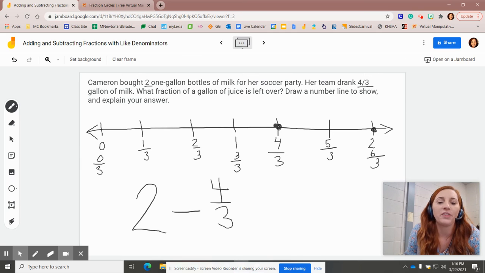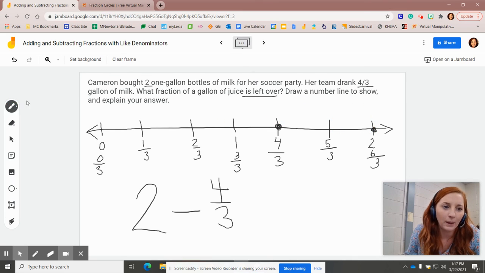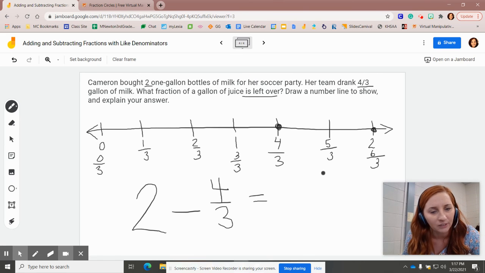And it's wanting to know what the difference is. So what fraction is left over? So we know we're supposed to subtract. So pretty much how many spaces are between 4/3 and 2 wholes? 1, 2. 2 spaces. Now that doesn't mean our answer is 2, because if she started with 2 gallons of milk and then they drank 4/3, how would she have 2 gallons of milk left over?